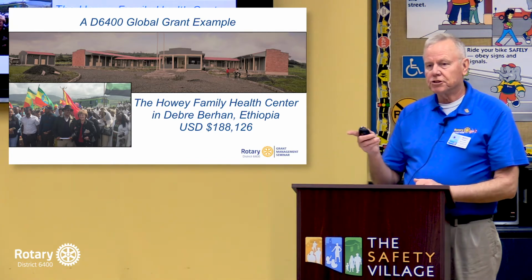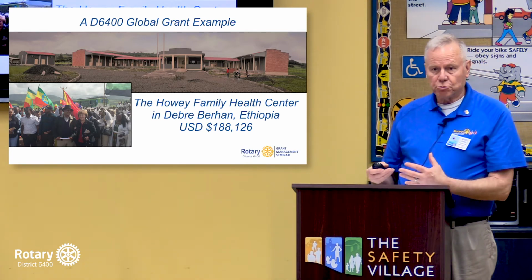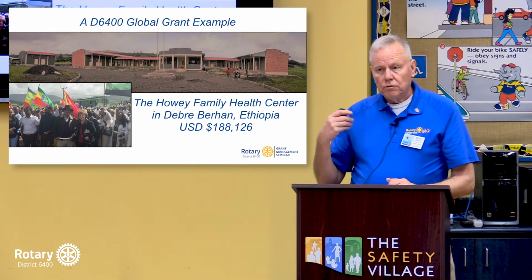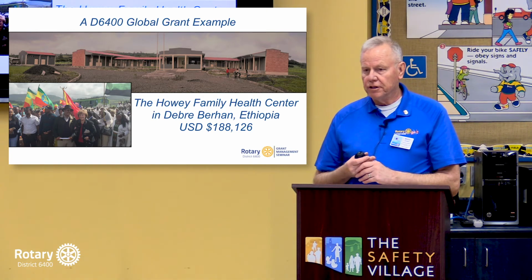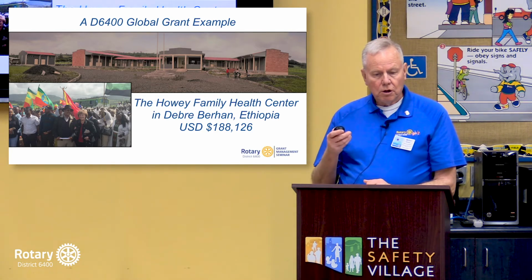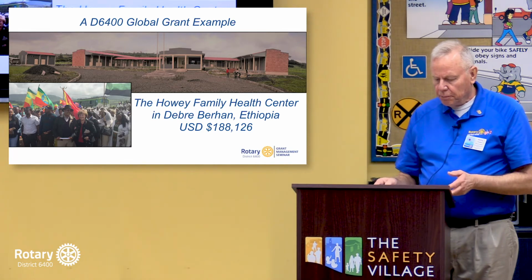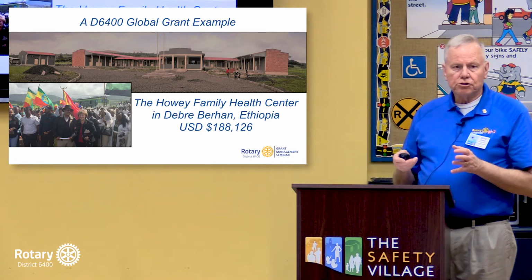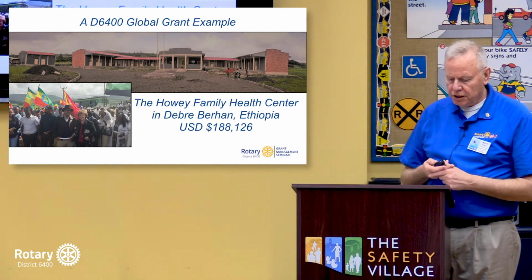The building was actually built separately because you can't use a global grant to construct the actual building. That was funded through the Howie family, a separate fund that they supplied most of the money for, as well as some matching from the Rotary clubs. Basically, the project is to provide health services for 25,000 people in this large village area in Ethiopia.